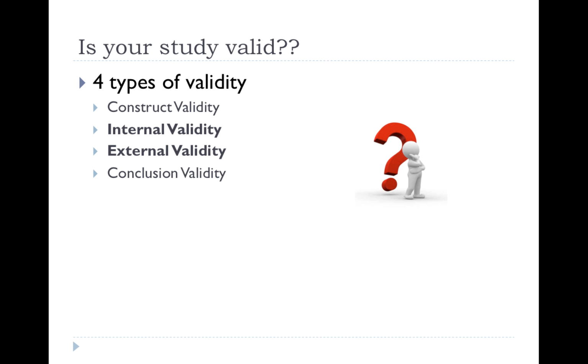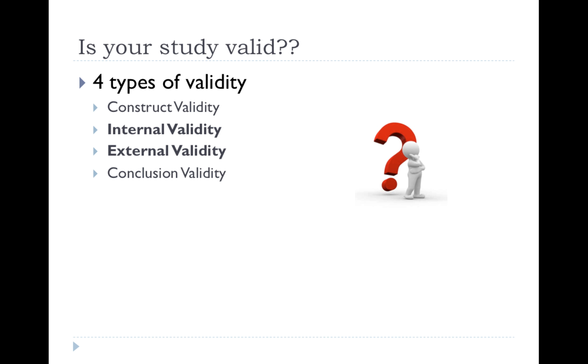So making sure that you're having randomization in your study, making sure you're paying attention to possible third variables or mediating variables or intervening variables would ensure that you have more internal validity.